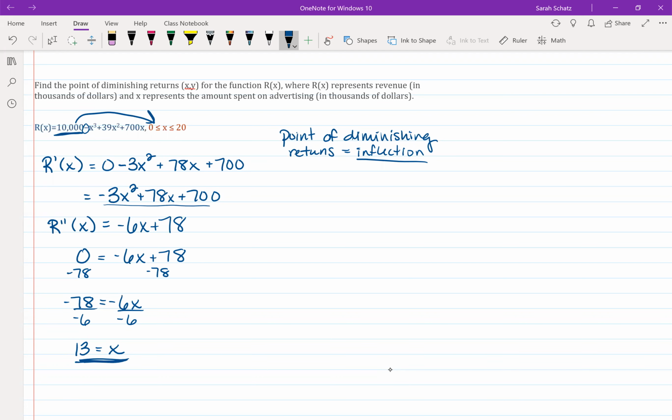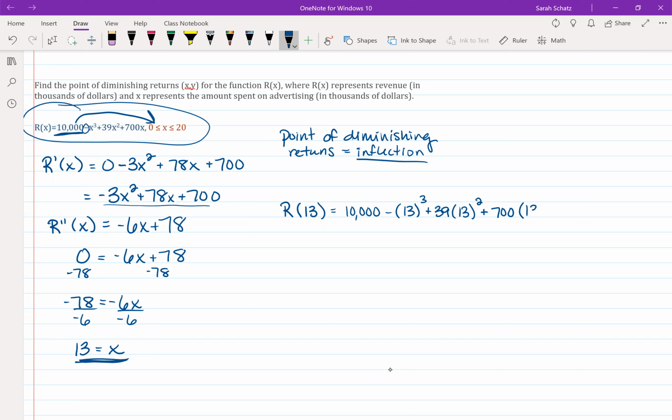We need to find the y value now. So remember, if you're actually looking for just a y value, you put it in the original. So I'm going to do r of 13. And that's 10,000 minus 13 cubed plus 39 times 13 squared plus 700 times 13.